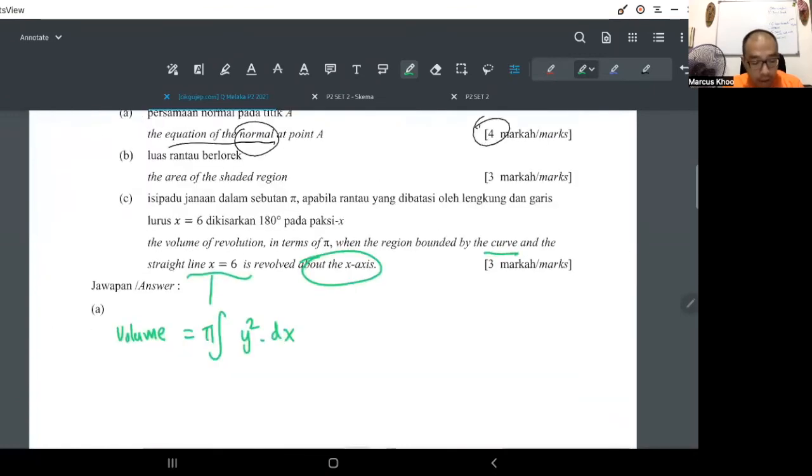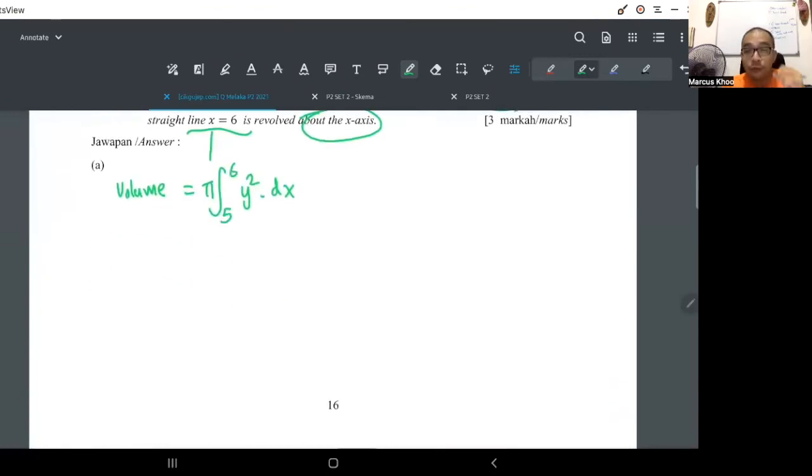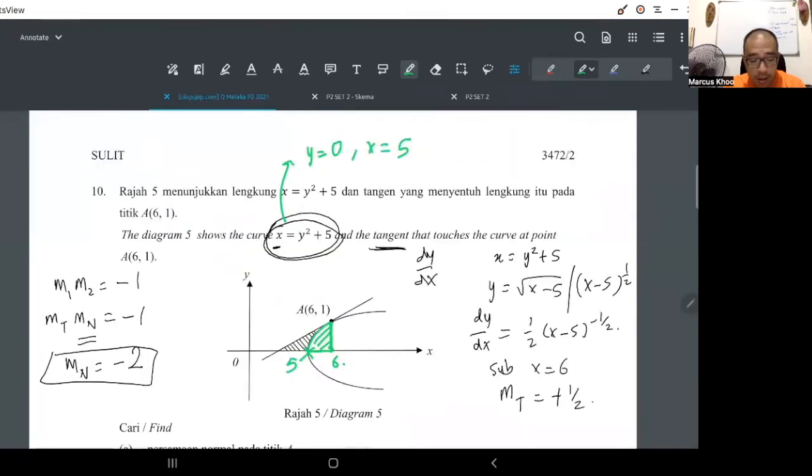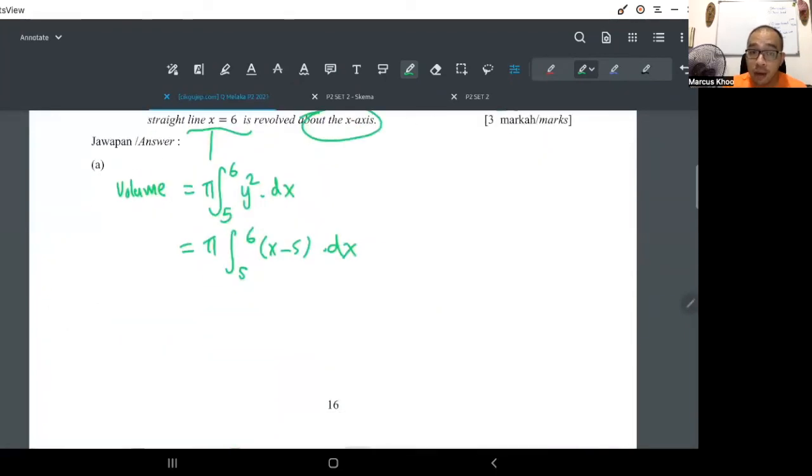So you're integrating from 5 to 6 of y squared dx, which is integration from 5 to 6 of x minus 5 saja sebenarnya, because y squared sudah diberi. So all you have to do is just pindah the 5 across, you get x minus 5. This is a very easy integration. You should not be getting this wrong, but your answer will be 0.5 pi units cube.